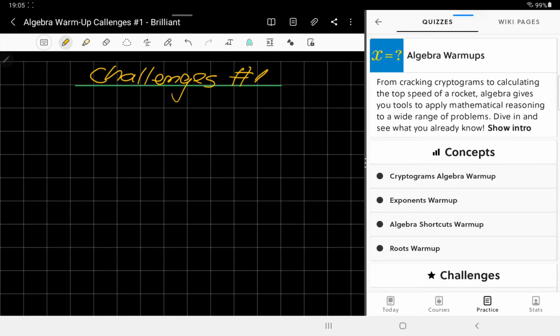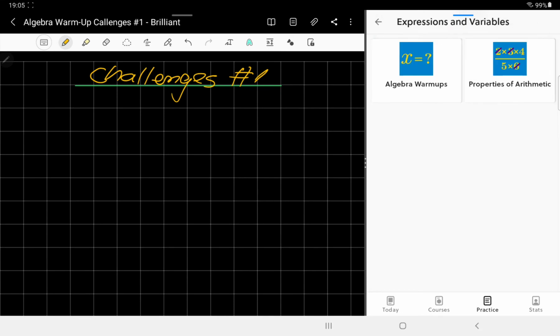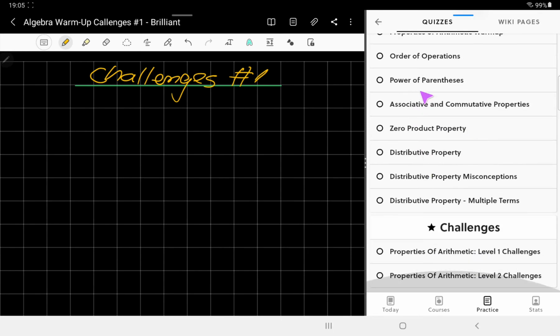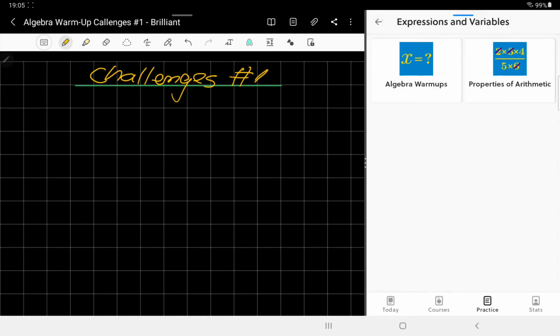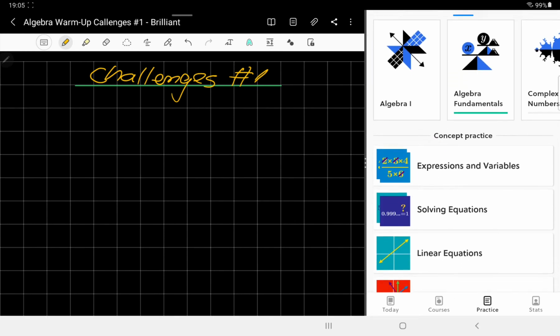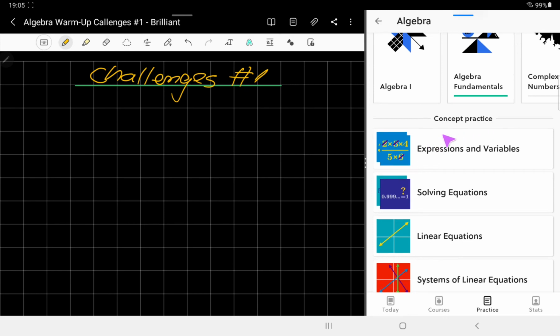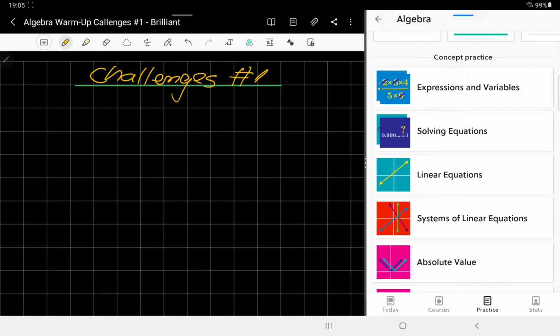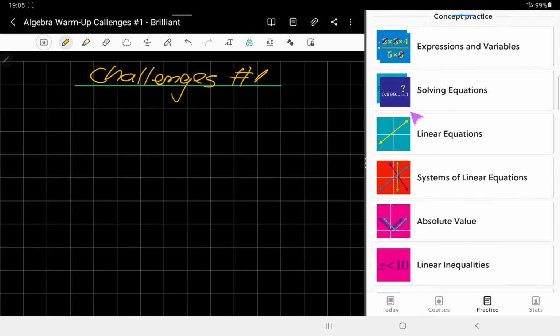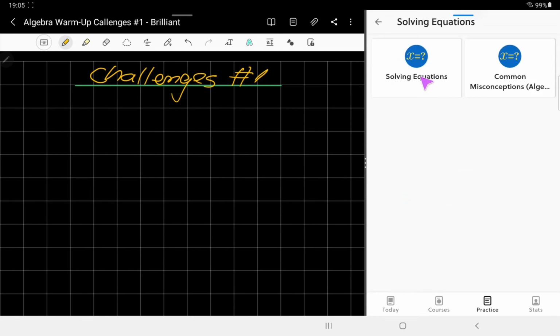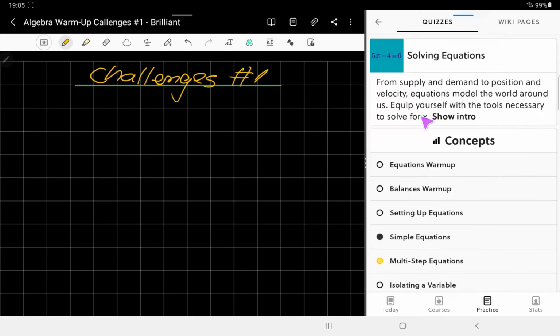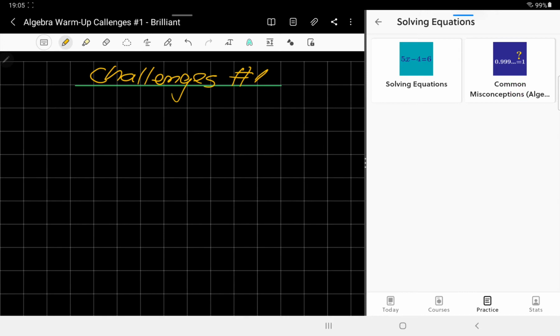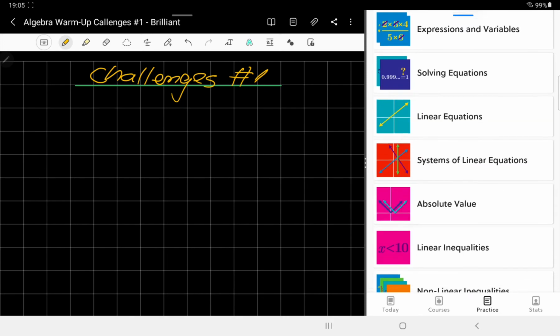And just to give you a sneak preview of what's to come on the channel, we are only on algebra warm-ups here, but if we go back, we also have properties of arithmetic, which have a lot of exercises to work through. And so we've only been into the concepts practice. We have expressions and variables, we also have solving equations, and then we have a lot of stuff in here. Common misconceptions, a lot of stuff in there as well.